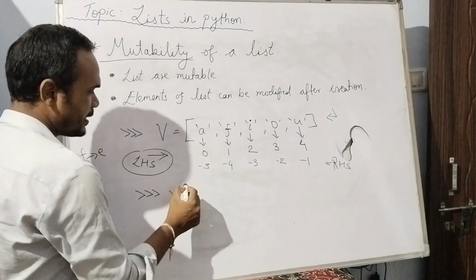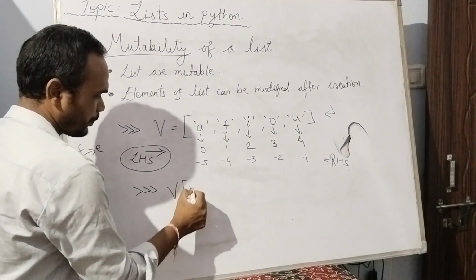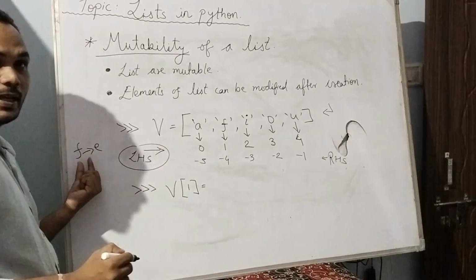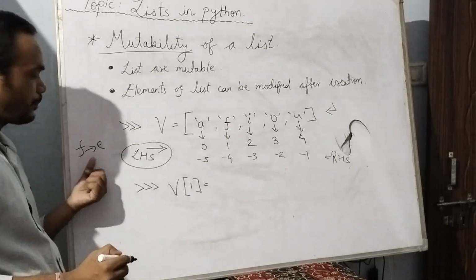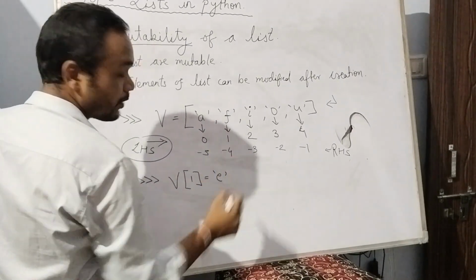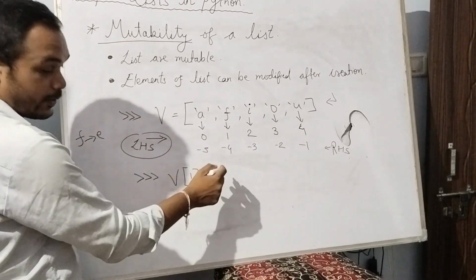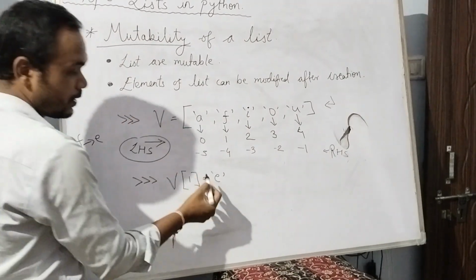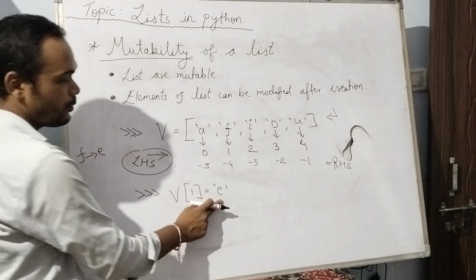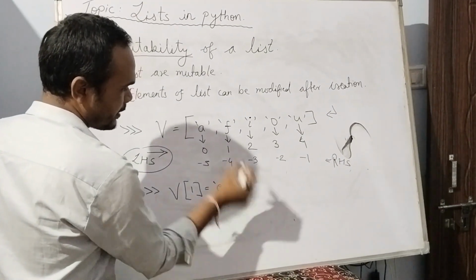So I will write V of 1, equals to, and what I have to replace F with is E. So I will write E with single quotes. Remember, you have to use single quotes as E belongs to a string value. After that, give an enter.